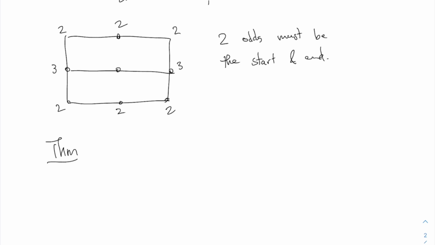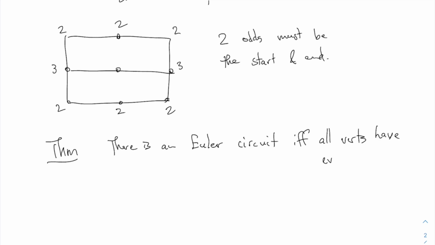So I'm going to say a graph, I'll say there is an Euler circuit. This is what I already wrote. Circuit if and only if all vertices have even degree.